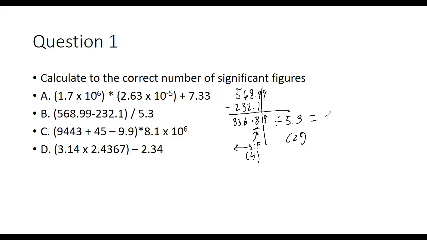When we do this calculation, we get 63.56. I need to round. That goes to 64. So that's B. Let's go right on to C then.